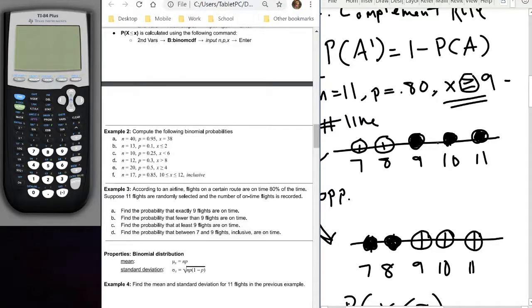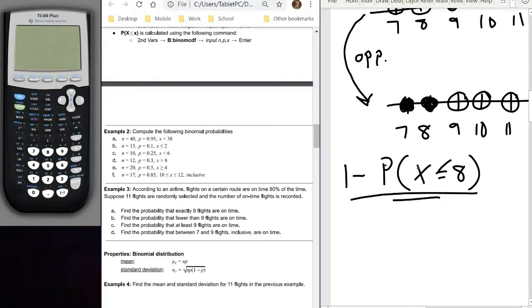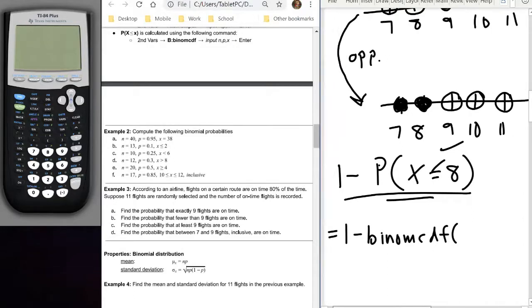This probability is equal to 1 minus the probability that x is less than or equal to 8. This is a very good symbol we can use here because that's the binom CDF. So we'll do 1 minus binom CDF, and as long as you have the correct setup, we're able to proceed.